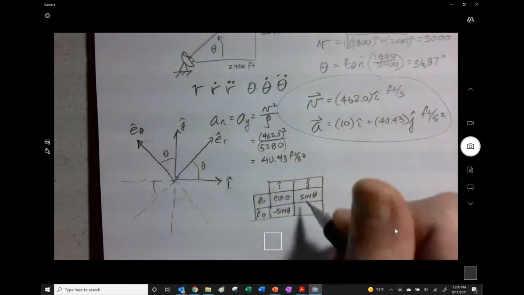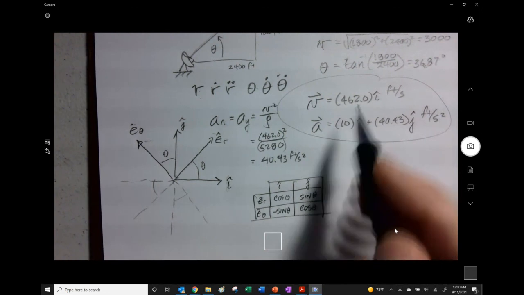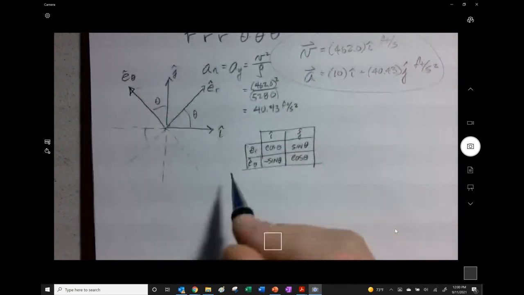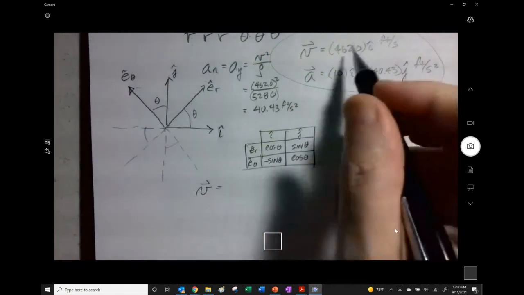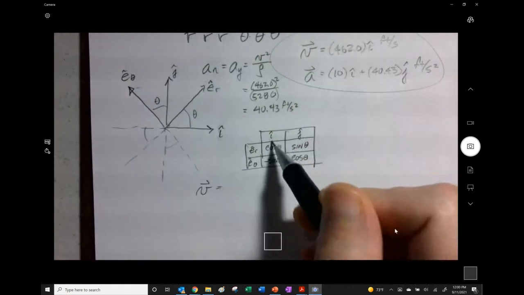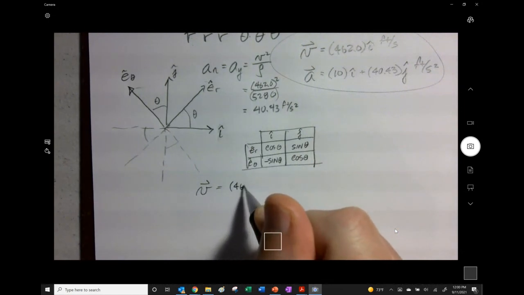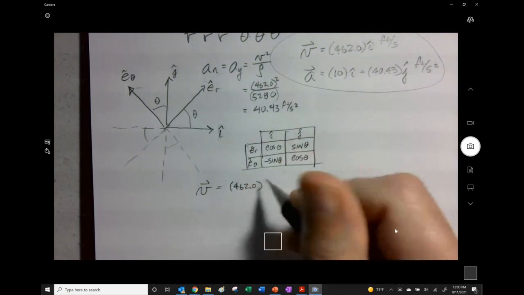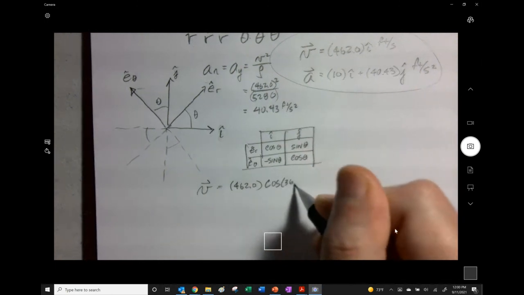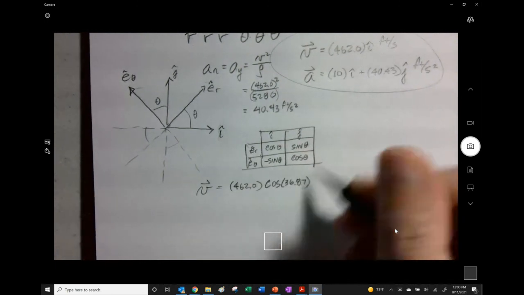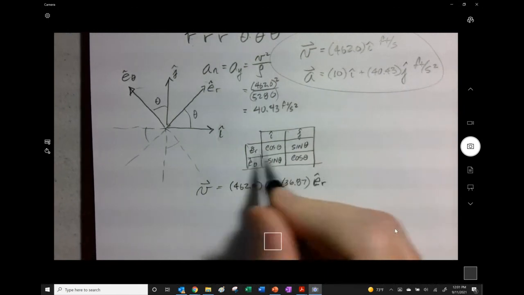And it looks like it's going to be cosine. Yeah. So for the velocity, we say, well, okay, now we want the velocity in terms of this. So this is only I, so we only have to go down this column. So we go 462.0 cosine times cosine, and we'll go ahead and put the number in, 36.87 plus ER, right?